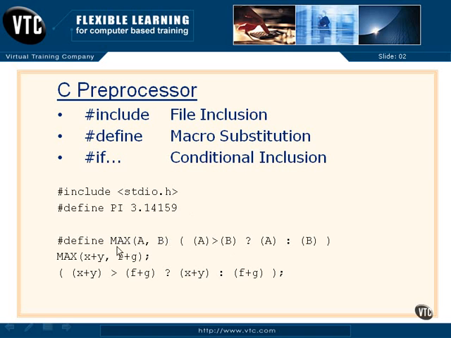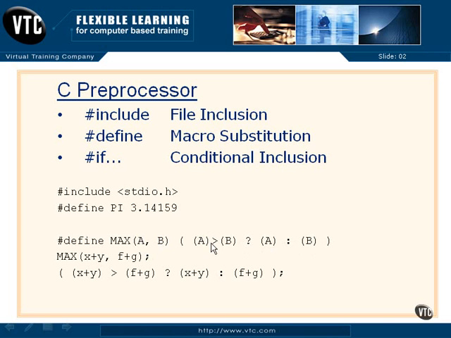What we've said here is that if somebody uses this sequence of characters, MAX and two variables with a comma between them, what we will do is substitute whatever's in this position and this position, A and B, into this sequence of characters, A and B. And this is our old comparative operator. We have a test over here, and if the test is true, we take this value, and if the test is false, we take that value.